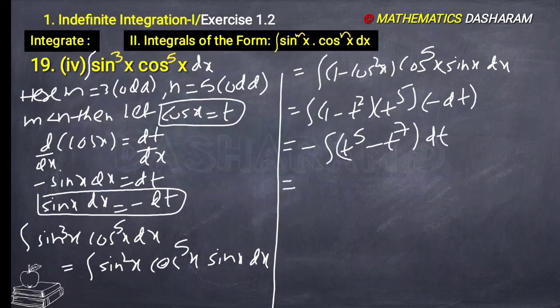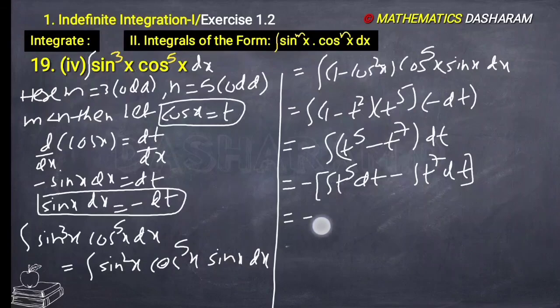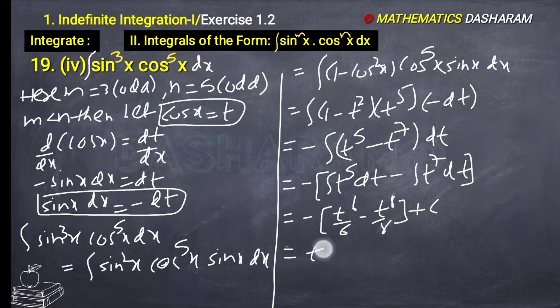So it is equal to minus integration of t to the power of 5 dt minus integration of t to the power of 7 dt, minus t to the power of 6 by 6 minus t to the power of 8 by 8, and add one constant c. So now substitute the t value, but before that, multiply the minus inside, then t to the power of 8 by 8 minus t to the power of 6 by 6 plus c.